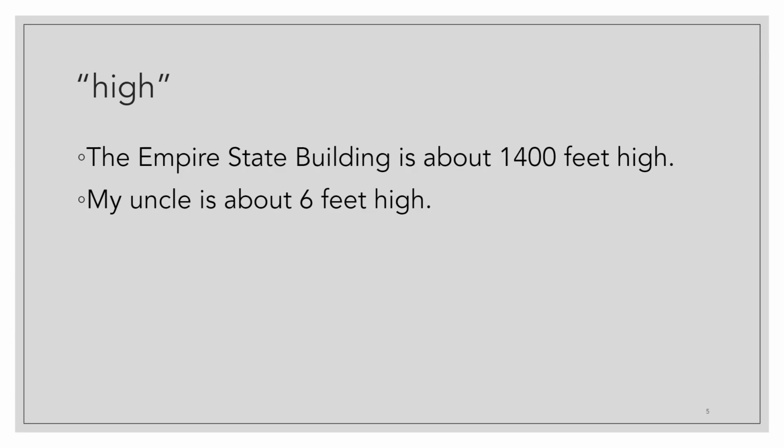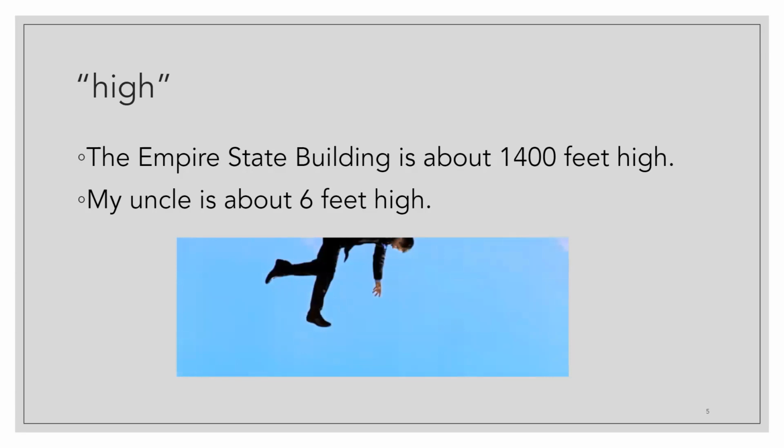A person being 6 feet high would be the distance from the ground to the position of where that person was, not the measurement from their toes to the top of their head. So even looking at a word in its basic dictionary definition, we can see, depending on context, that meaning can change, right?